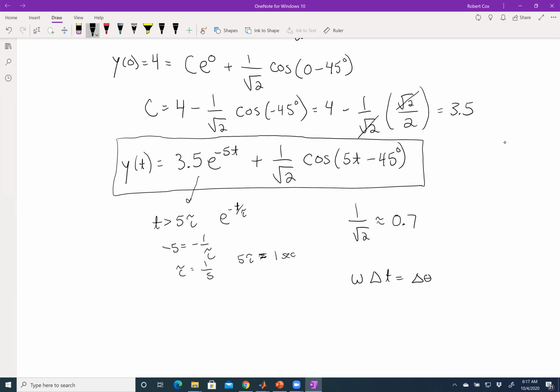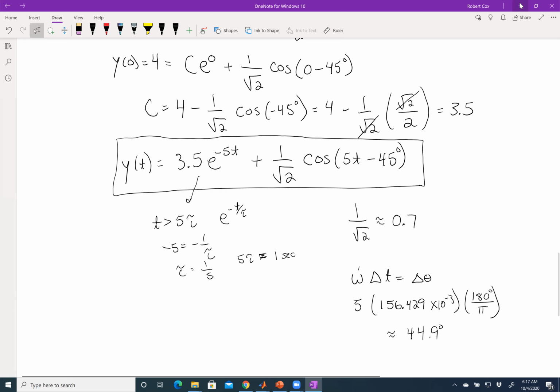Our omega is 5, and our delta t is 156.429 milliseconds. That gives an angle in radians, because omega is in radians per second, so I convert to degrees by multiplying by 180 degrees over pi radians. That works out to be about 44.9 degrees.